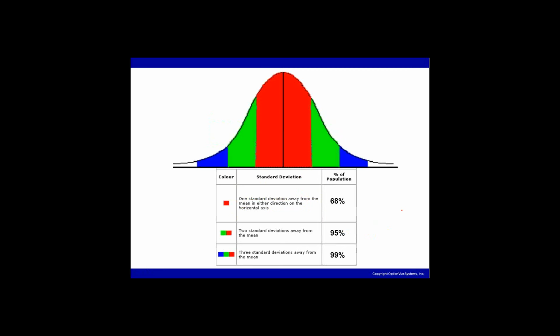Let's now paint the bell curve these colors, just to give us a tool for grasping volatility. We paint the first standard deviation red, the second green, and so forth. Now, let's back up a bit and talk about the notion of volatility.